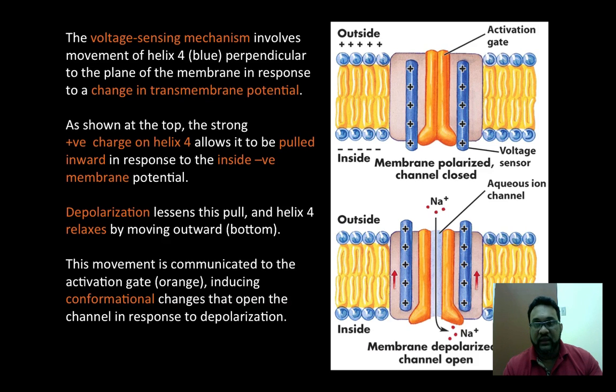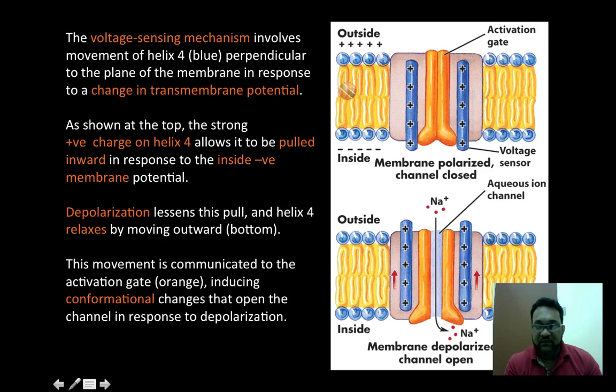So the helix 4 is pulled inward in response to this negative membrane potential, right? This is the neuron at rest, negative on the inside. The voltage sensor, the helix 4, is pulled inward. And when it's pulled inward, the activation gate is shut closed. It's closed, right? So in other words, no ions could pass through, no sodium ions could pass through.